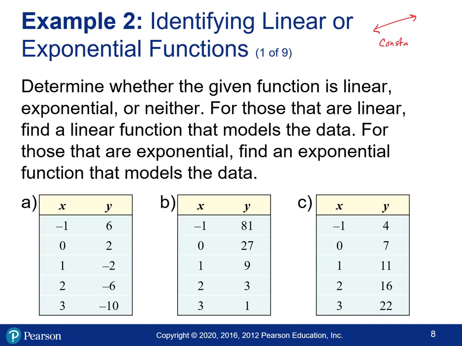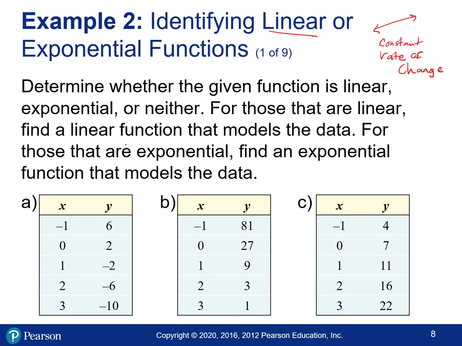So when we learned about linear functions, lines, they have a constant rate of change. Another way to call that is a slope, constant slope. So that's for linear functions. Exponential functions, that's not what happens, and we'll be graphing those in the next video so you can see what that looks like. Okay, so determine if the function is exponential, linear, or neither.